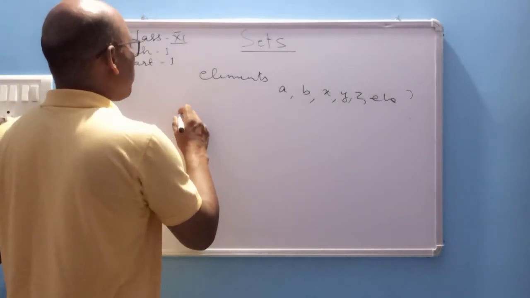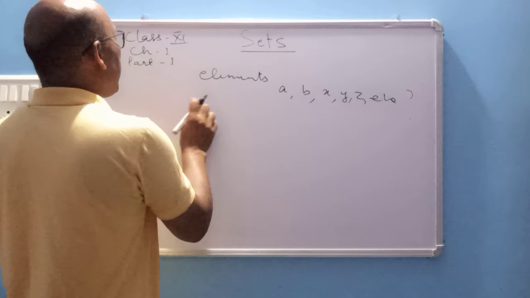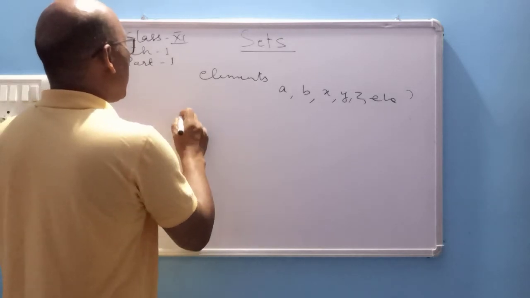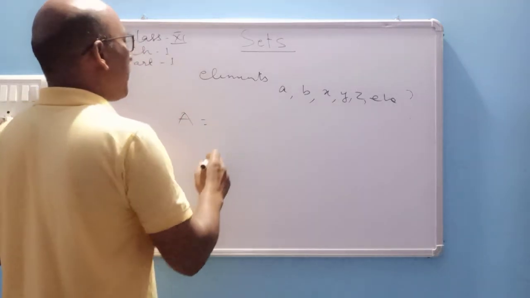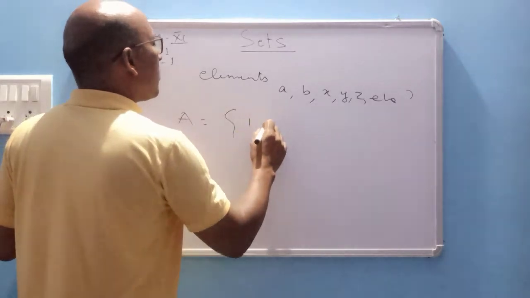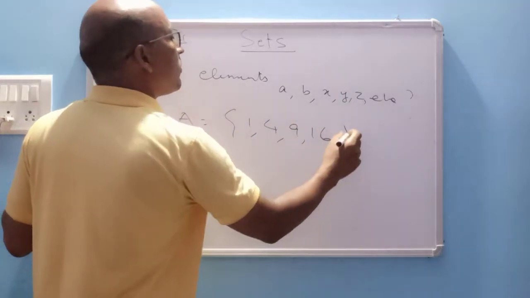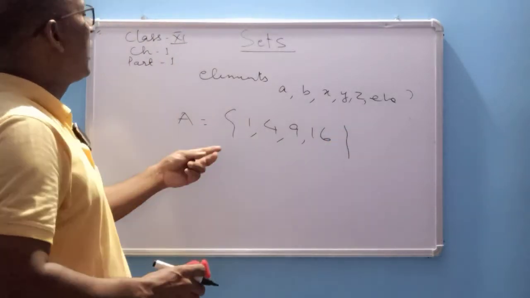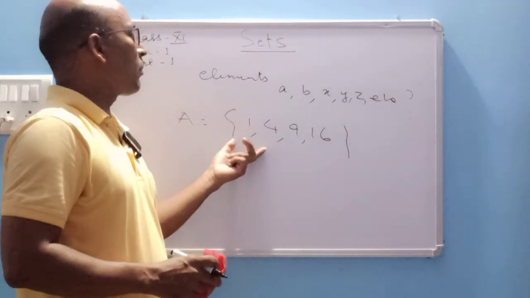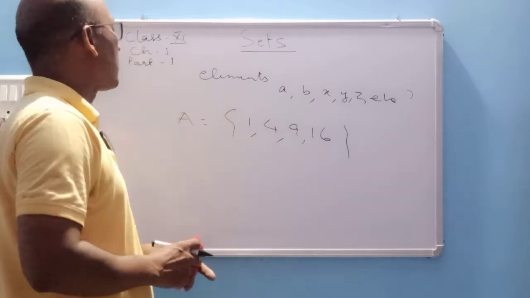For example, if we write the set A as 1, 4, 9, 16 and so on, this is the roster form of the representation of a set.